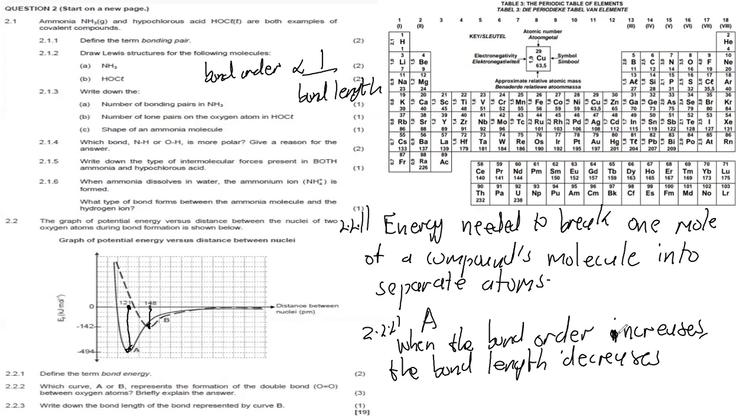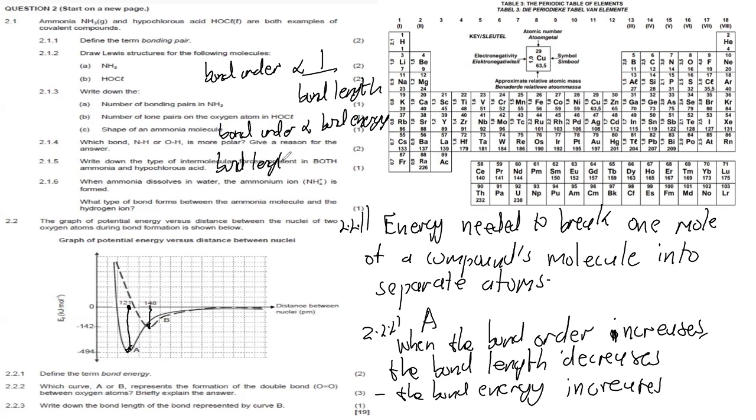And then we expect the bond energy to increase, this is what we are speaking about here. We know that bond order is directly proportional to bond energy, so one with a greater bond order will need a higher bond energy. But bond length is inversely proportional to bond energy.